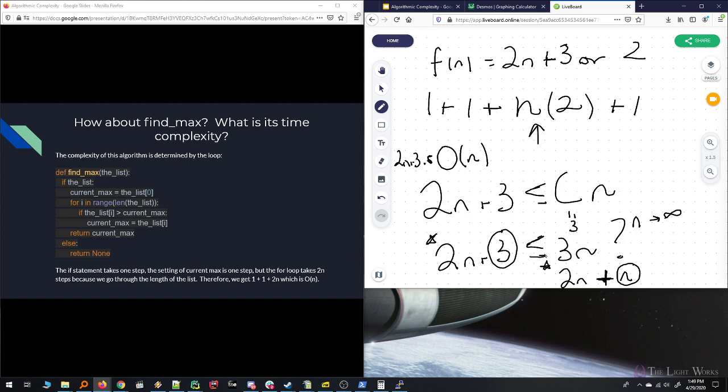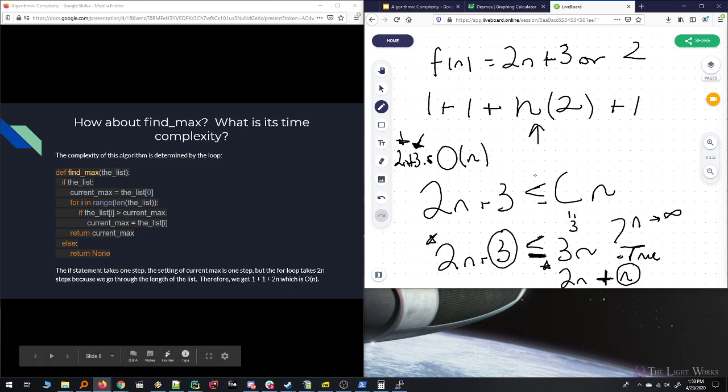So this inequality is true. Therefore, it's big O of n, right? And so you see that big O ignores this constant value here, and it ignores the lower order thing here. We always call things of lower powers lower order. So this is a lower order term that's getting ignored.